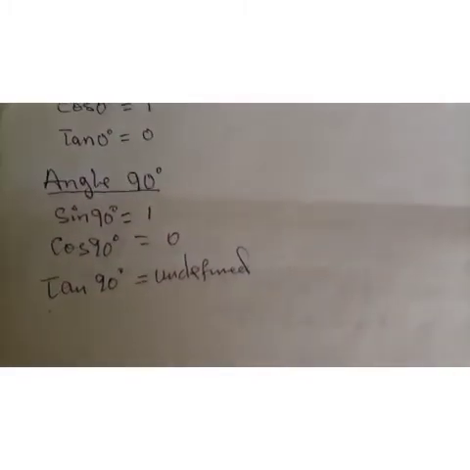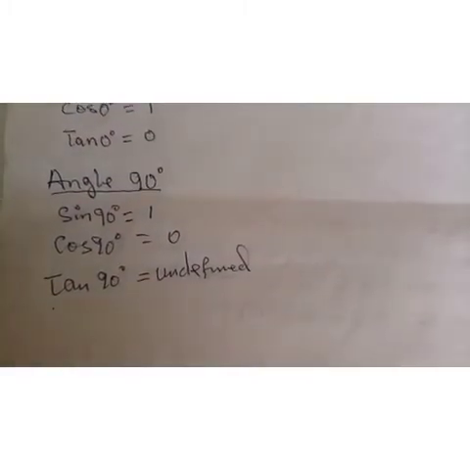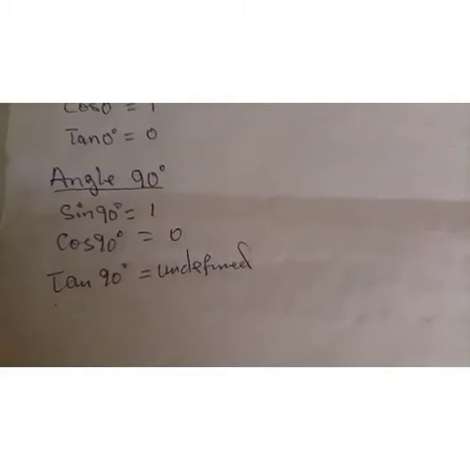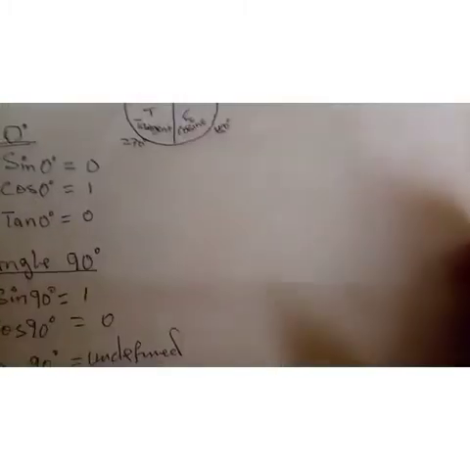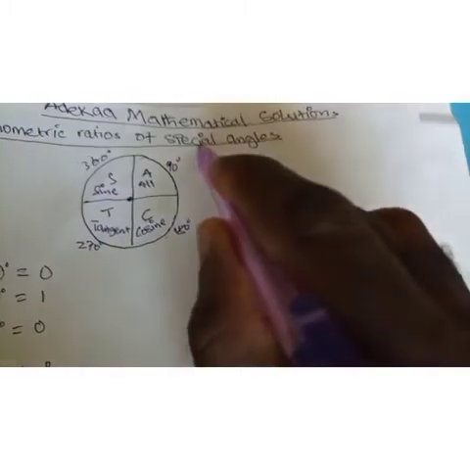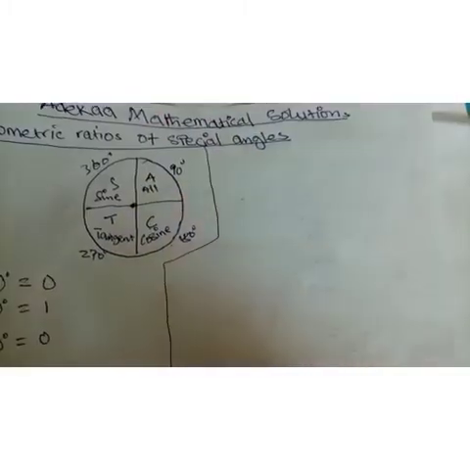So now after this one, we are going to move to angle 30 degree and 60 degree, which is a very interesting part of this lesson. Let's draw this line to divide this.